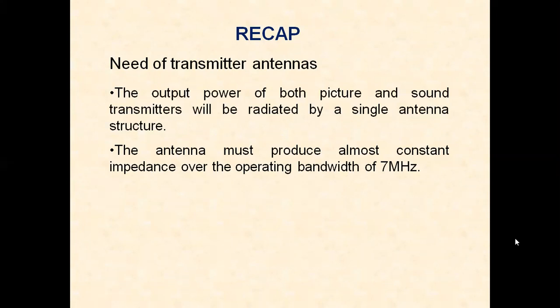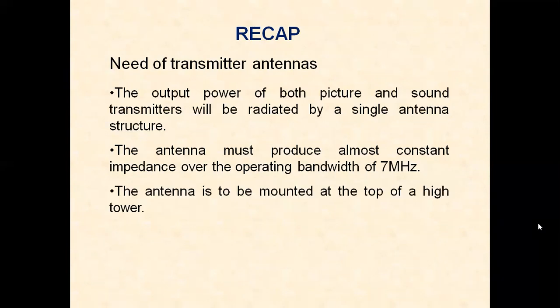Each television channel requires a bandwidth of 7 megahertz to accommodate both audio and video signals. So that much bandwidth must be carried by the signal. The antenna must be wideband enough such that it can radiate the signal properly into the space.